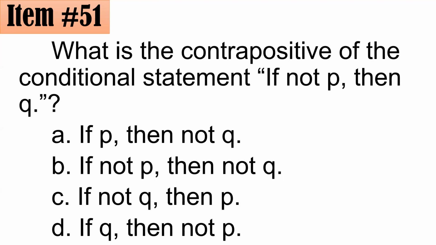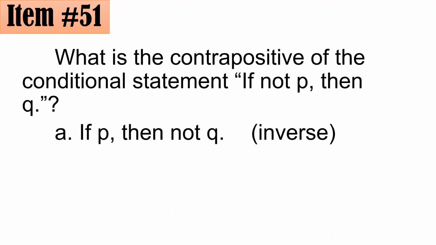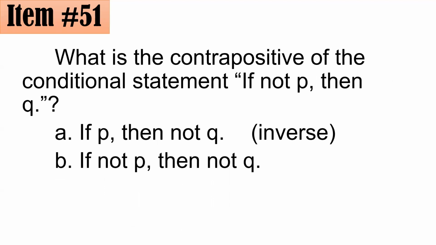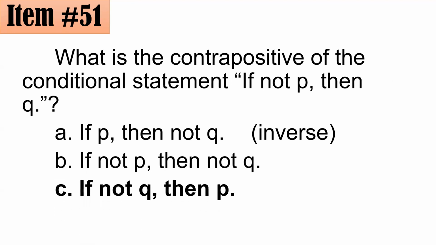Okay. Di ba kapag sinabi nating contrapositive, ang negation ng conclusion will be followed by the negation of the premise. So we are expecting what? A is the inverse actually. Yung B ay hindi. Letter C po yung tamang sagot.